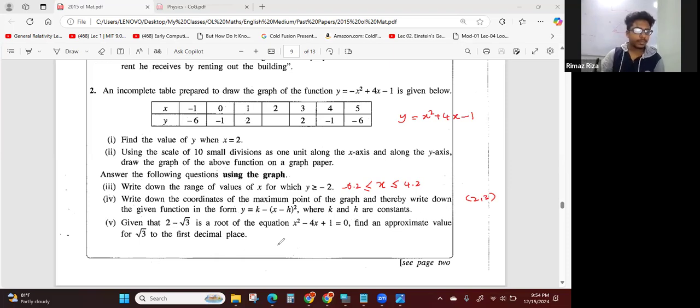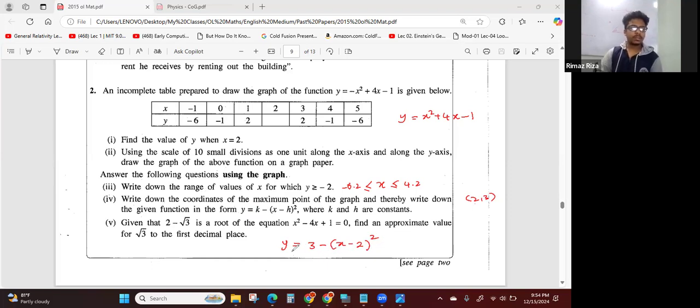We write y equals, here the maximum value is 3. So we get 3 minus x minus the x coordinate corresponding to the maximum value, that is 2. x minus 2 squared. So this is the answer.